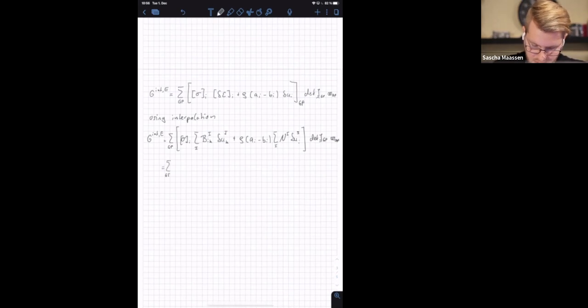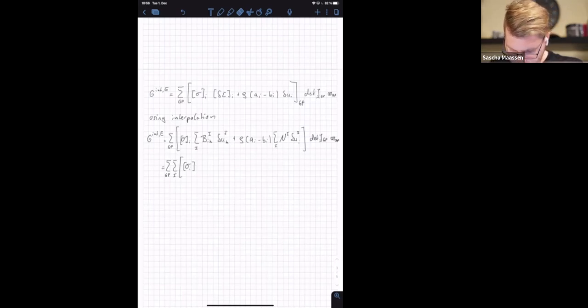So we have the sum over all integration points, the sum over all nodes I. Like so. Okay.